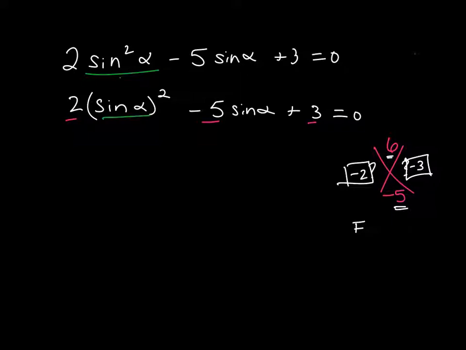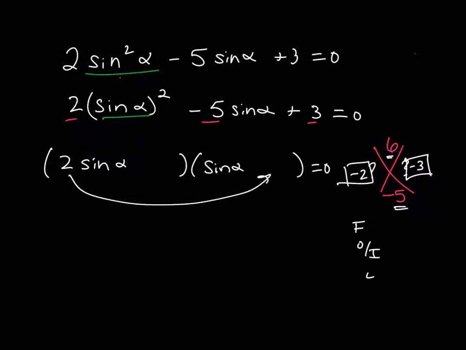So first terms first. When I'm factoring, it's FOIL: first, inside, outside, and then last. So my first term here is 2 times the sine of alpha times the sine of alpha. Now, what about my inside and my outside?